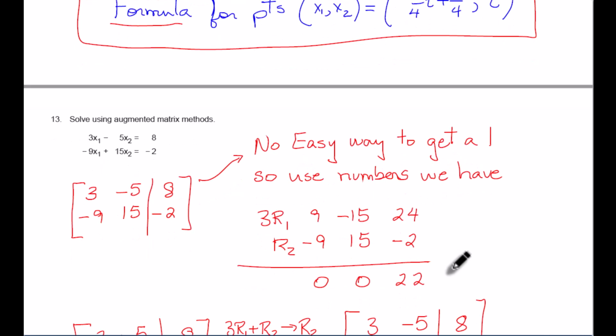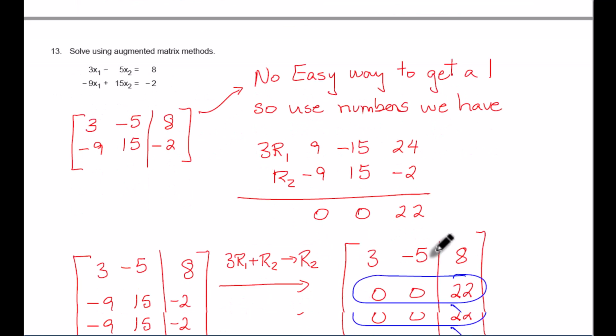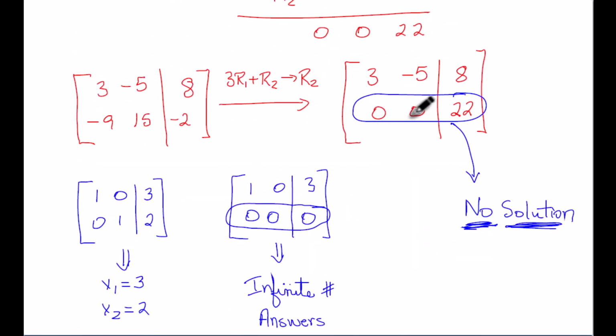All right, what about this one? Let's see. I'm going to again make my matrix. Don't have any ones, but I do see I got a 3 and a minus 9. So here I am going to multiply through by 3, add it to row 2, and when I do that, notice I get 0, 0, 22. So again, I've got 0, 0, like we did previously.